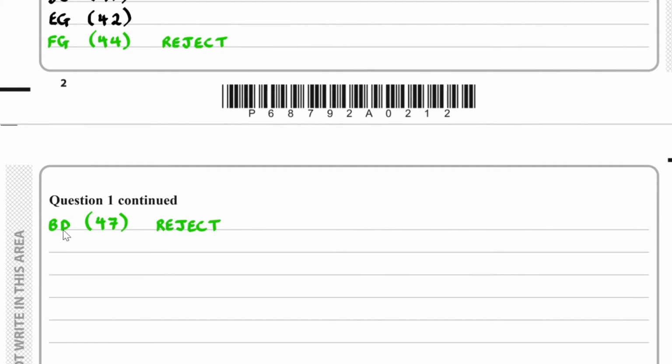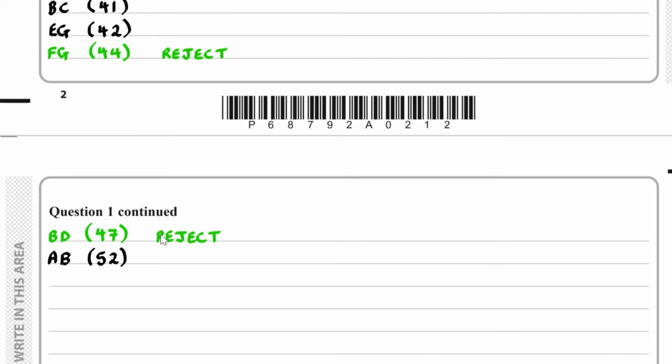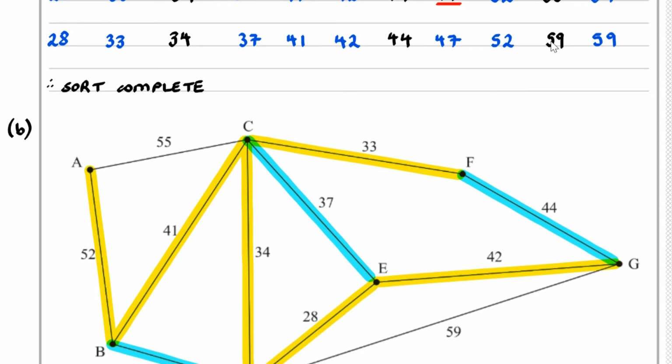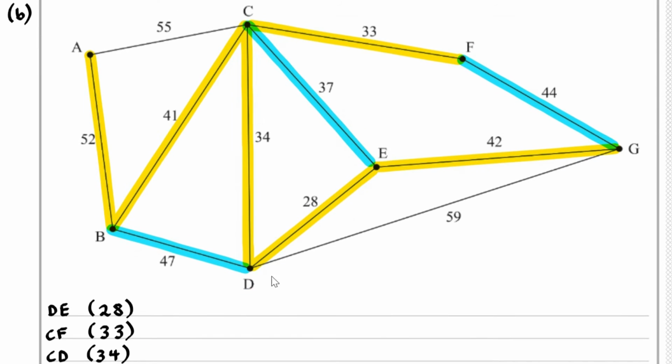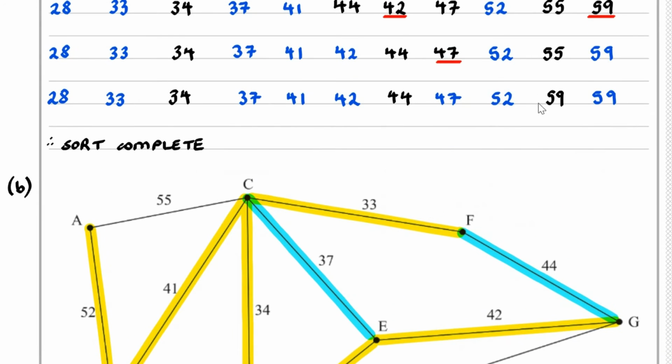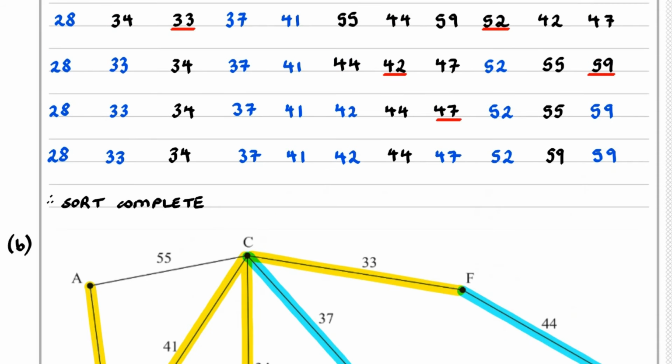So we have AB with weight 52, and then we have the 59, which would correspond to, rather here we have 55.